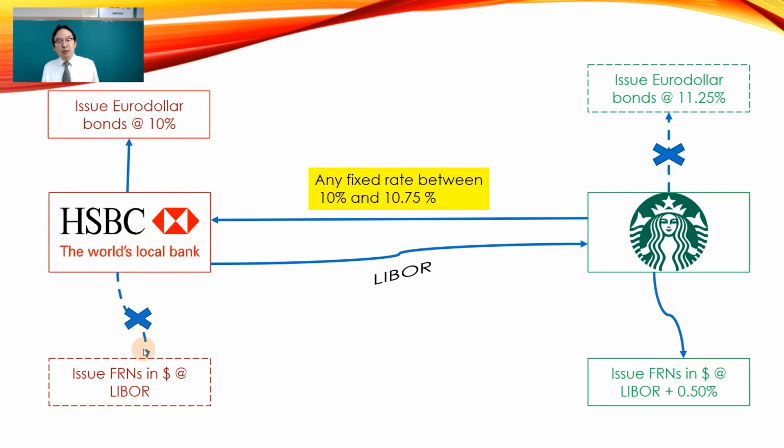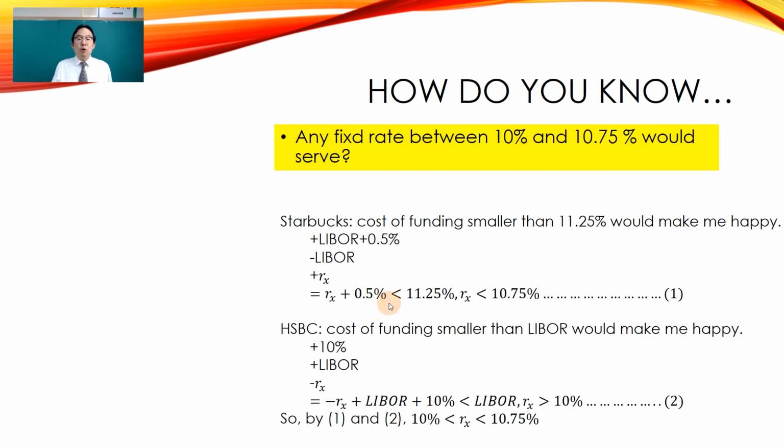So what happens? How do you know any fixed rate between 10 percentage point and 10.75 percentage point will serve their purpose? For Starbucks, a cost of funding smaller than 11.25 percentage point will make the company happy, make the CEO happy.